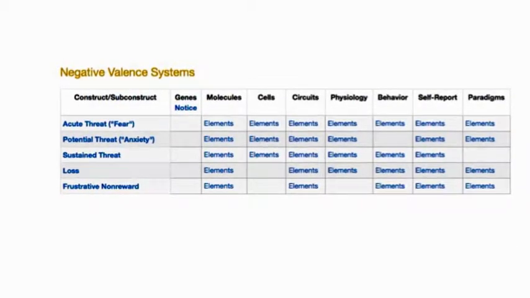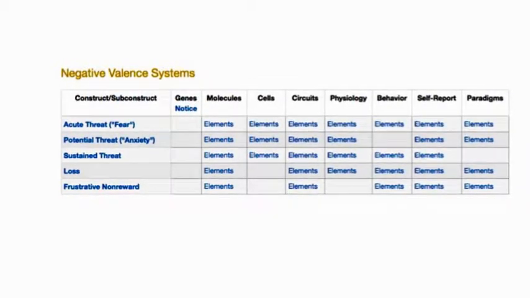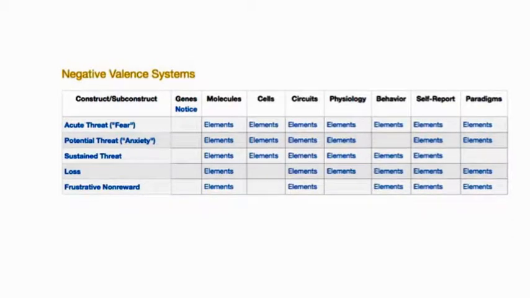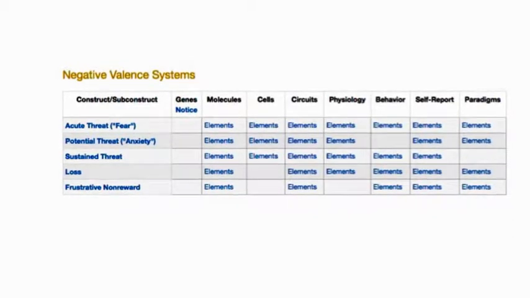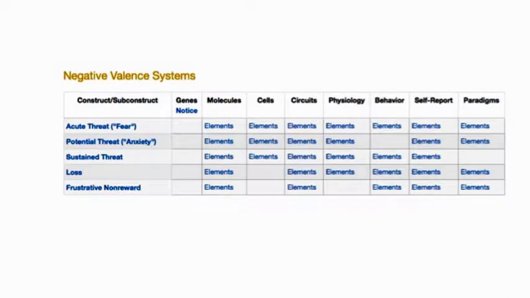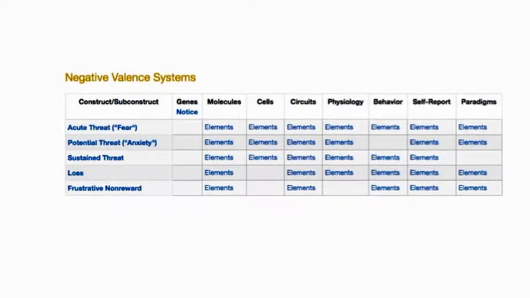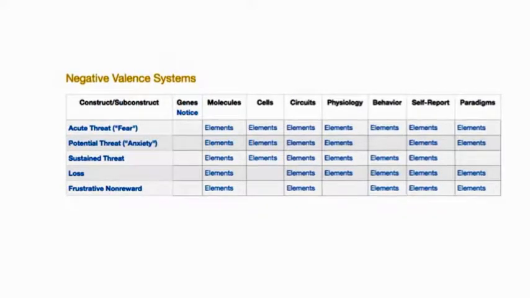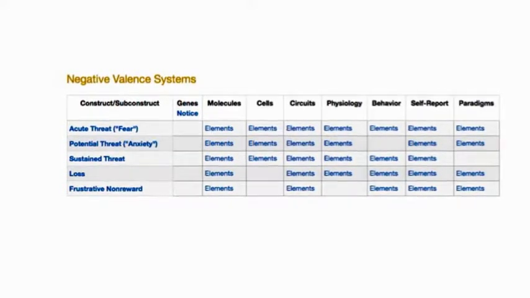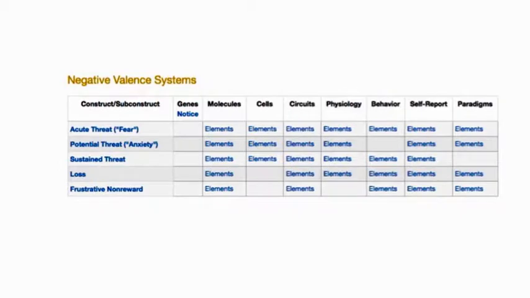Now, each domain and construct are further studied using 8 specific what are called units of analysis. These are genes, molecules, cells, circuits, physiological response, behavioral studies, self-reports, and paradigms.